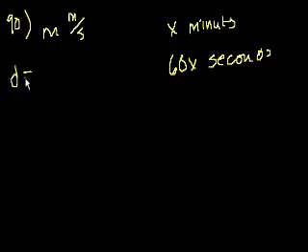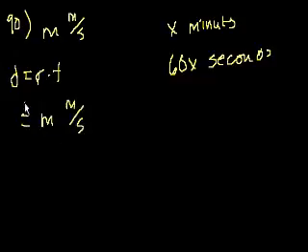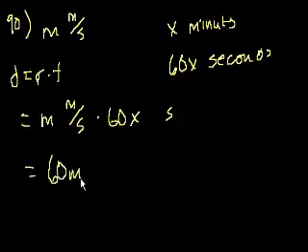And distance is equal to rate times time. Hopefully that's a little bit of intuition for you now. But the rate is equal to m meters per second, and he's traveling for 60x seconds. So you get m times 60x, which is 60mx, and seconds times meters per second, that's meters.